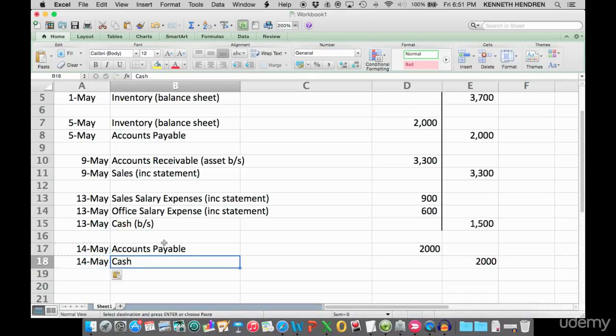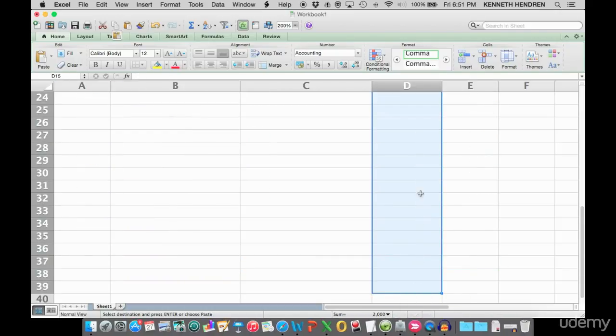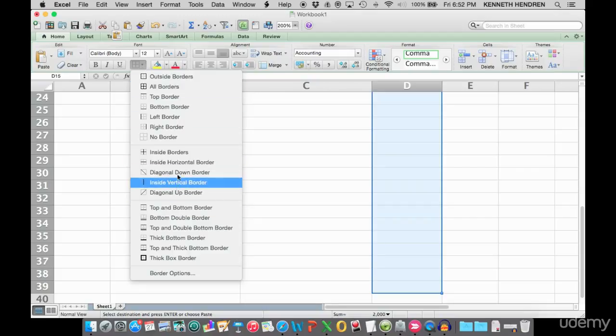So what we've done is we've paid off the payable. So the payable right there, those two payable, so those come off. So we don't owe it anymore because we're paying it. And our cash is reduced by $2,000. Okay. I'm going to put a border here.